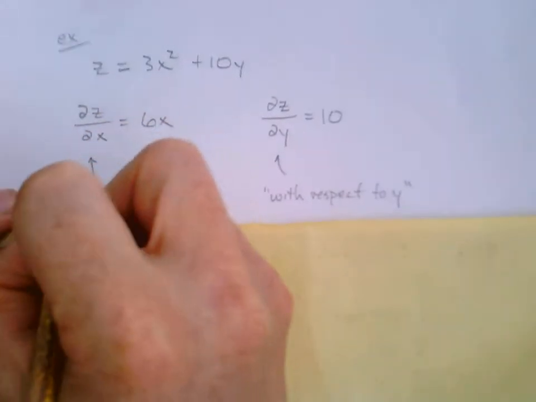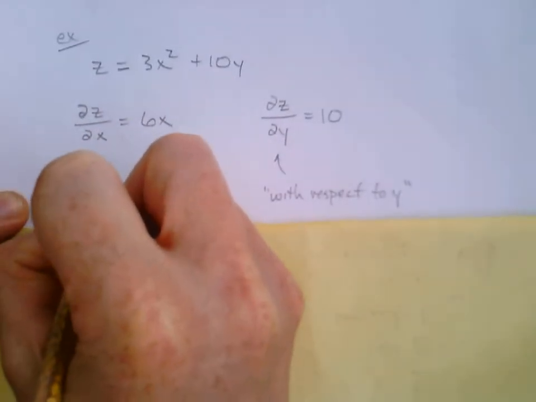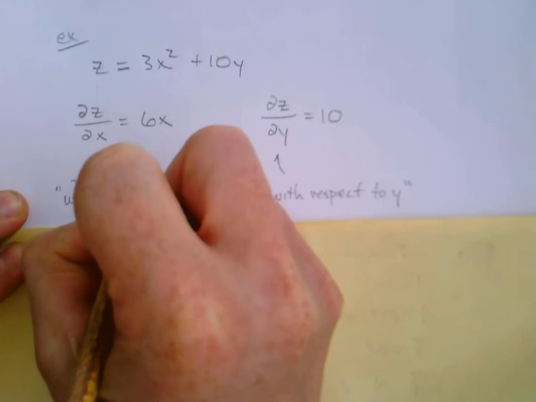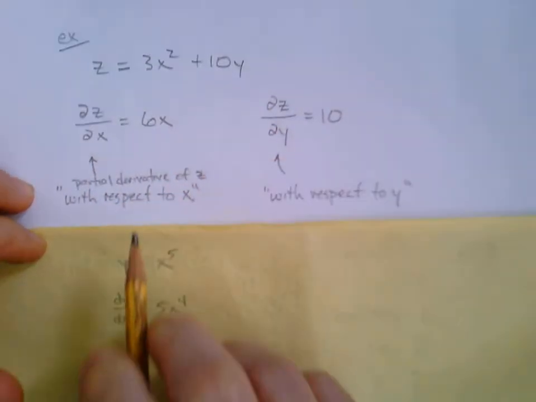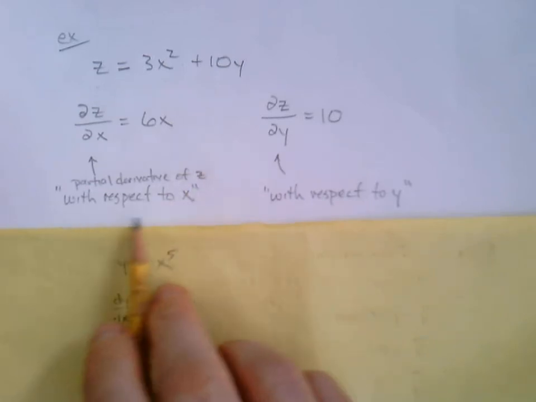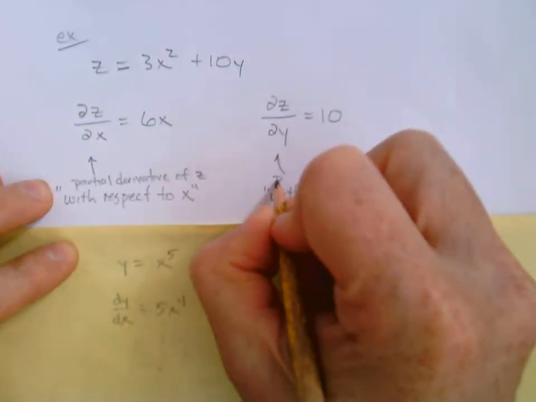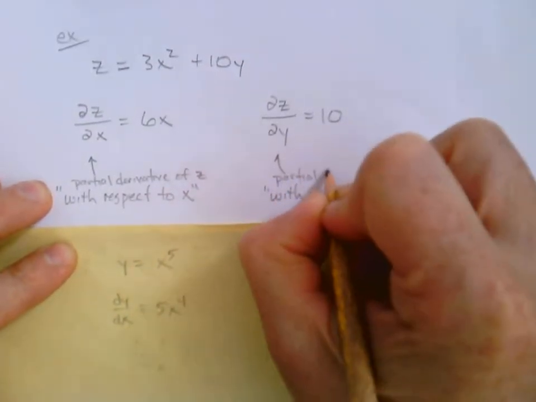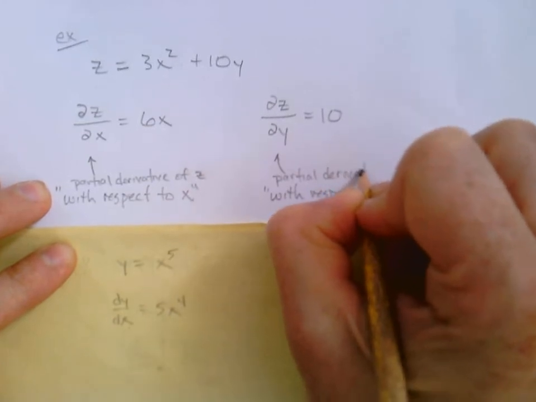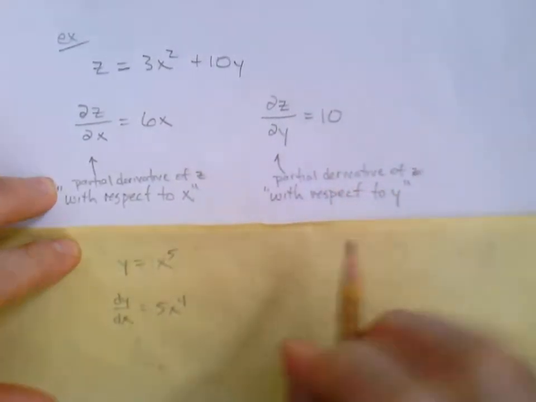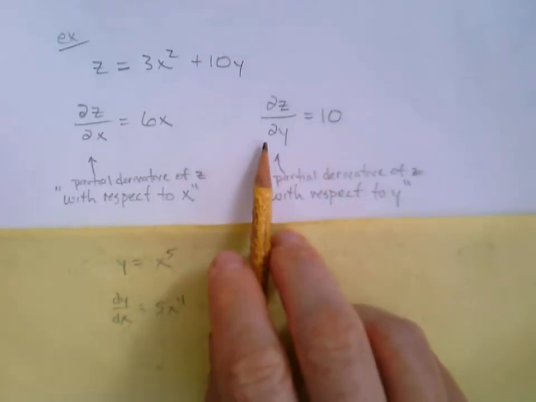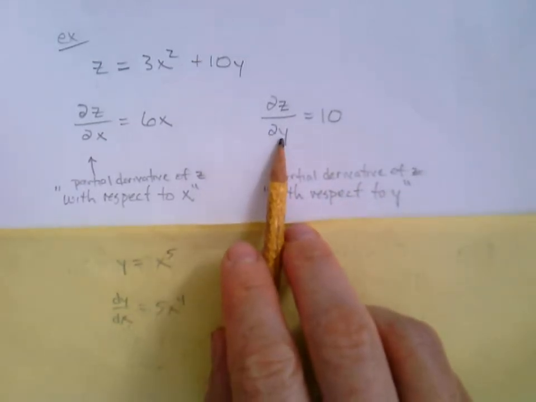I should probably go ahead and write that in, the partial derivative of the function z with respect to x, and over here the partial derivative of z. This is with respect to y because I have it over the y at the bottom.